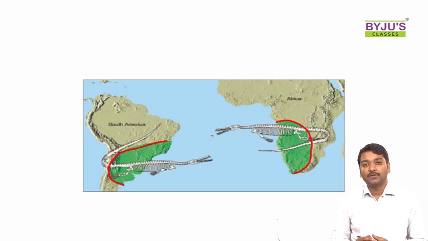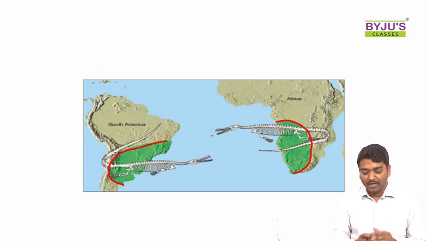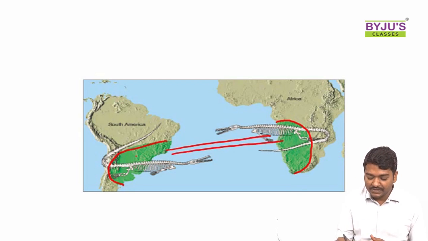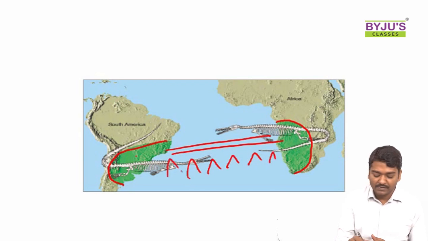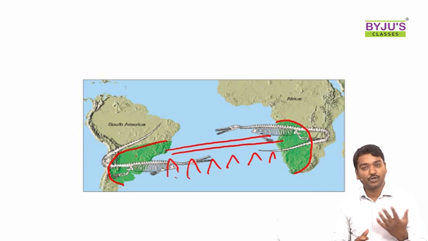So what he said was, Mesosaurus cannot fly. So they cannot move from South America to Africa or from Africa to South America. Or there should have been some bridges across, or some stone pillars like Ram Setu, through which they should have moved, which is not possible.